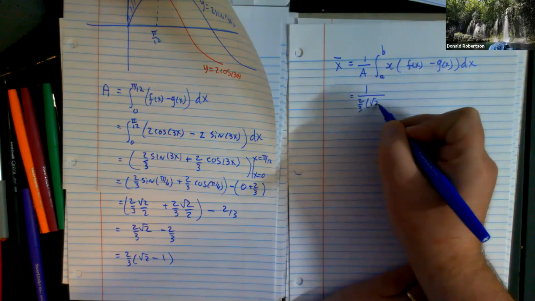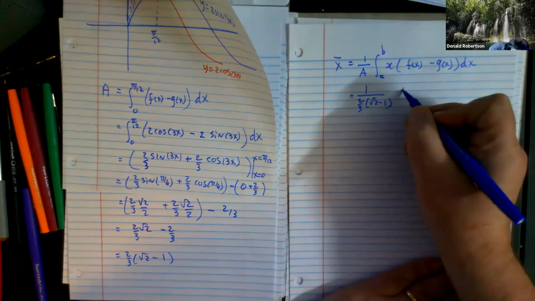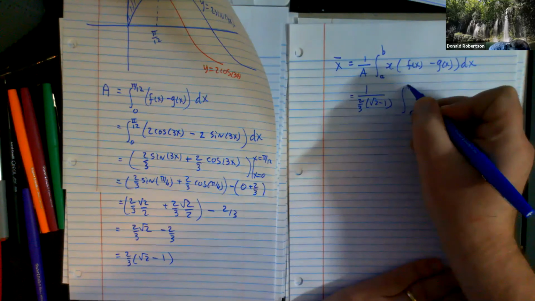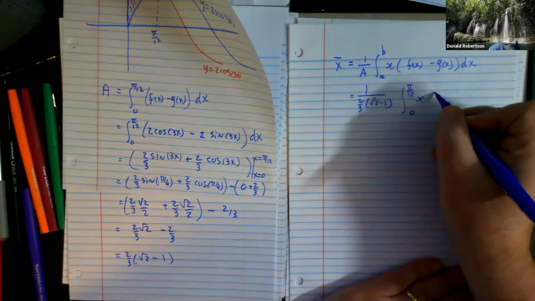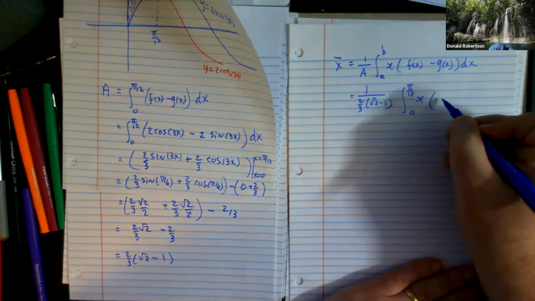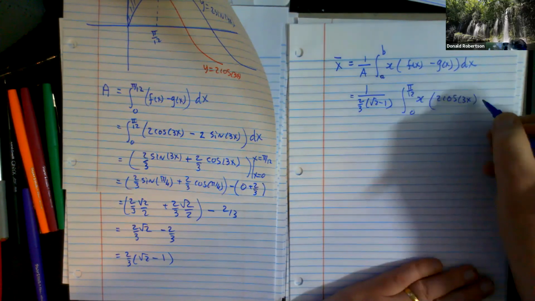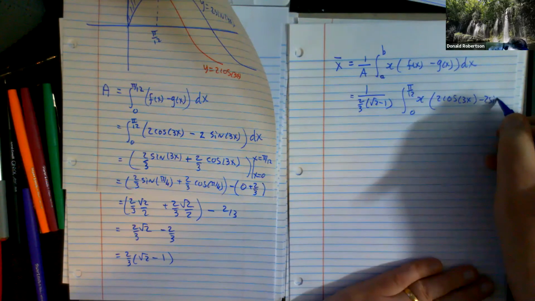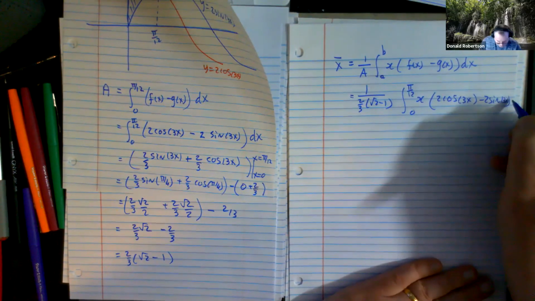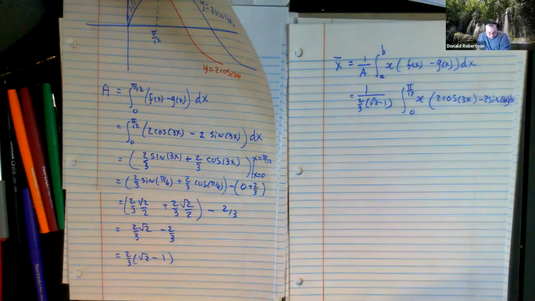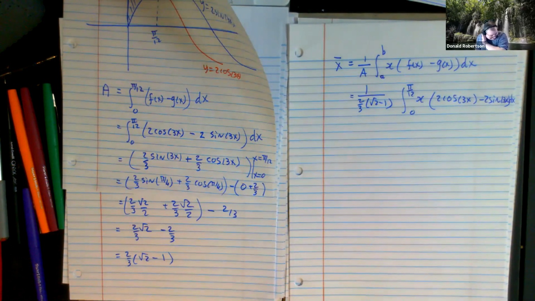That's what I got. It's going to be the integral from 0 to pi over 12 of x, and I have a 2 cosine 3x, and take away 2 sine 3x, dx. I do not like the looks of this, do you? Nothing about this looks pretty.